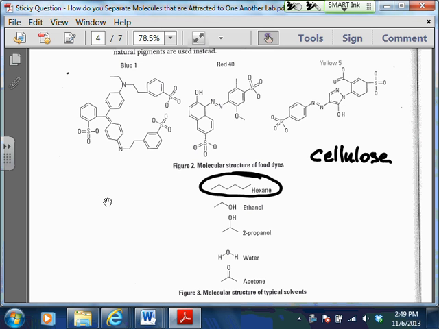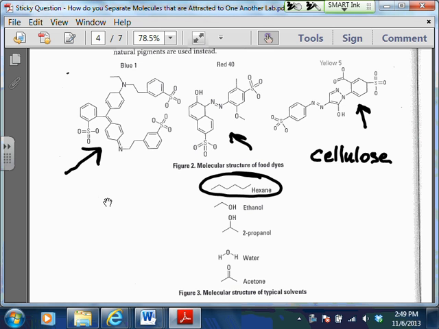So what you've got going on, these three, which are polar, are slightly attracted to the cellulose because there's a little bit of water built into the cellulose itself, all right? So you put a solvent like hexane in there that's completely nonpolar, and these things really aren't attracted to the hexane at all, okay? So they just stay where they are. They're attracted to the cellulose, not to the hexane. So the hexane moves up the paper. They don't move with it.